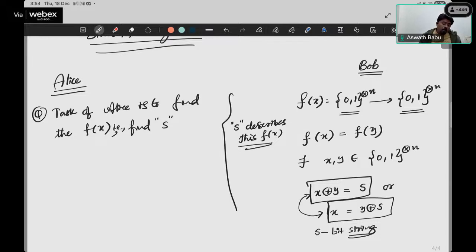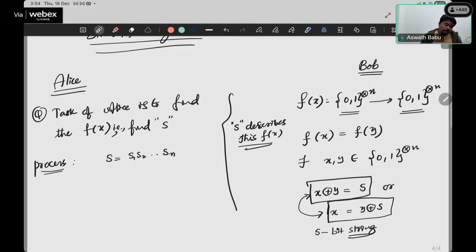Now the process. She can ask Bob directly. s is a bit string, let's say s1 s2 up to sn, a bit string of length n.